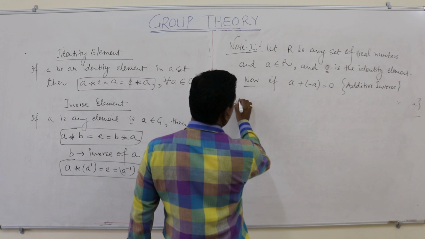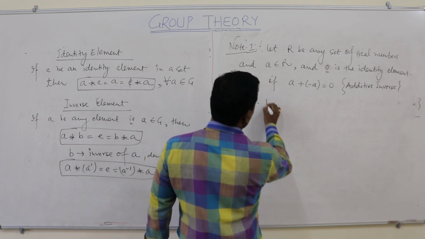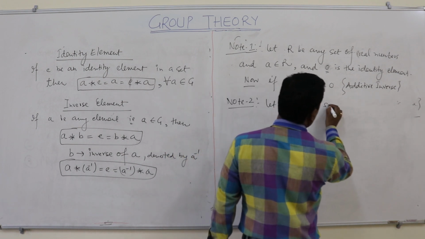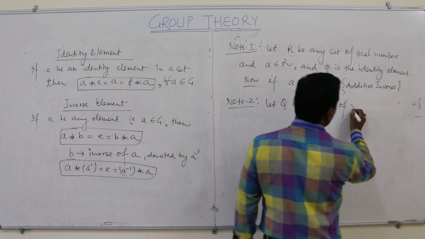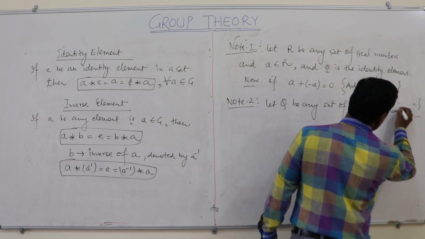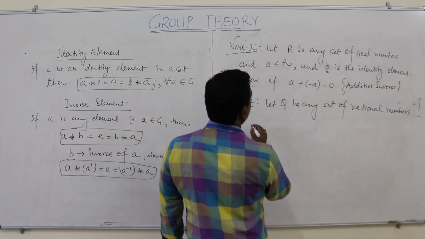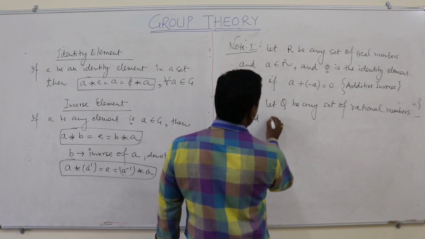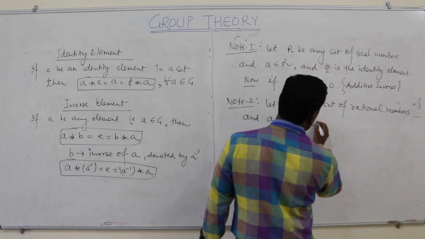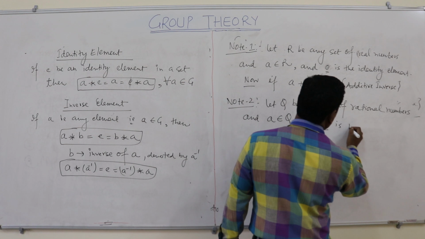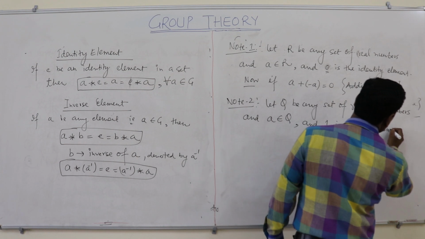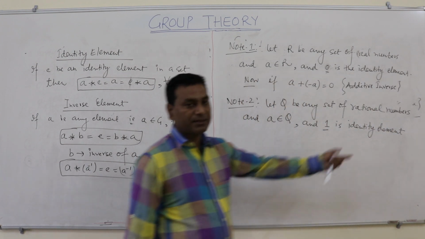And let Q be the set of rational numbers and a belongs to Q, and 1 is the identity element.